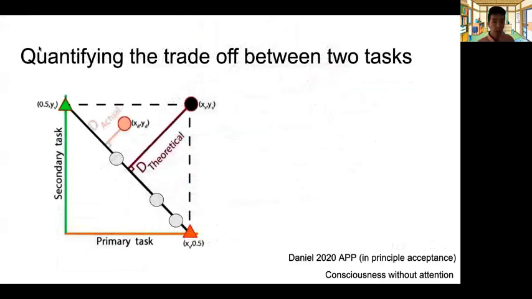Okay. And the upshot of this dual task paradigm is the following diagram. So the x-axis is usually the performance of the primary task. Here, let's say it's an LT task, with all L's, or one T included.